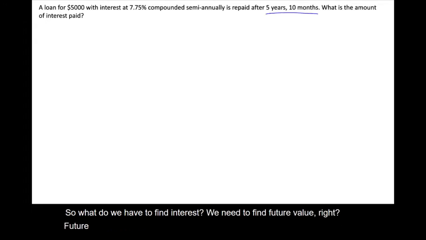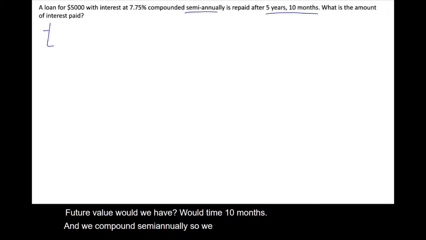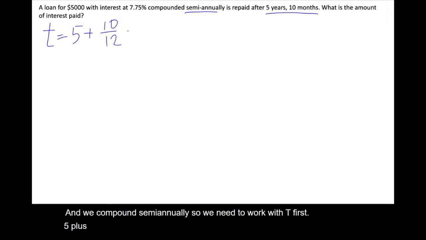Okay, so what do we have? To find interest, we need to find future value, right? Future value, what we have, what? Time, 10 months. And we compound semi-annually. So we need to work with t first. 5 plus 10 over 12. So what is that? 10 over 12.